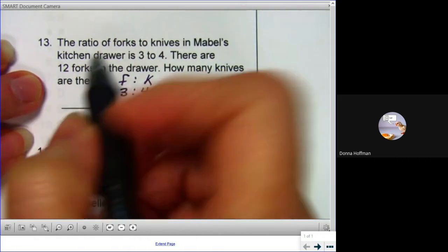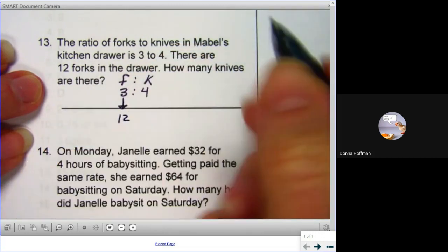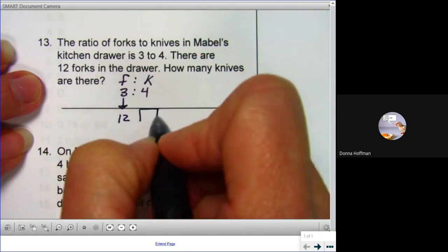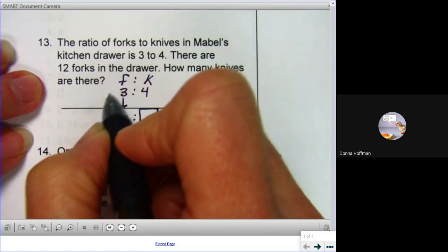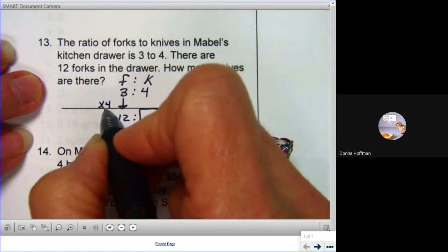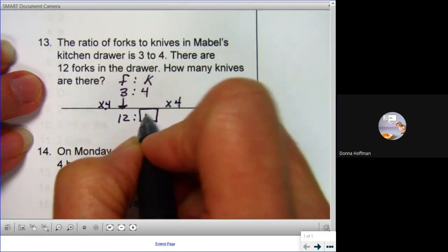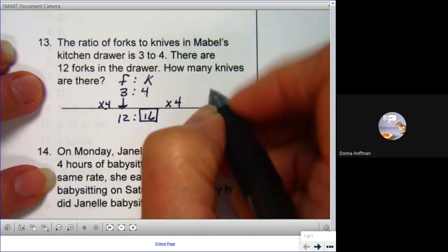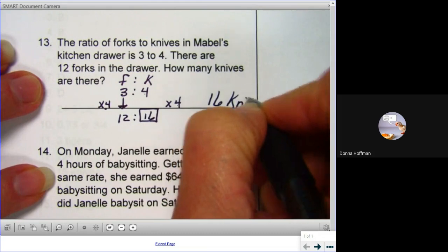There are 12 forks, and so I want to know how many knives. Going from 3 to 12, I'm going to multiply by 4. What I do to one side, I must do to the other. 4 times 4 gives me 16. So there are 16 knives.